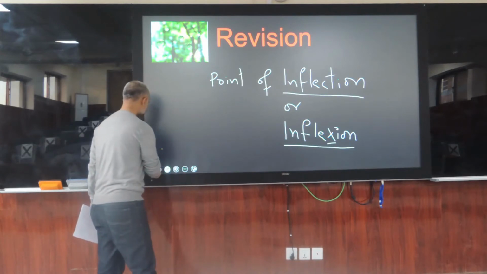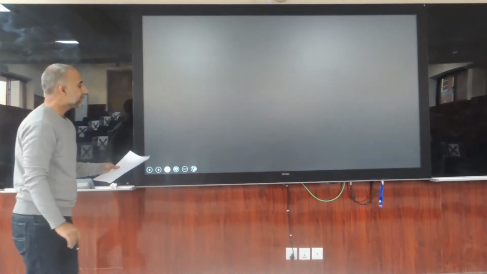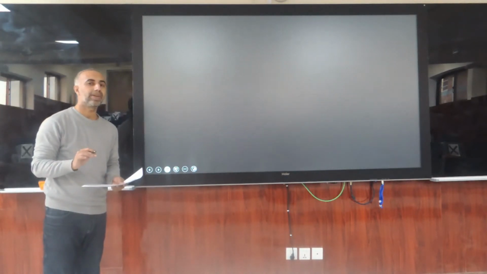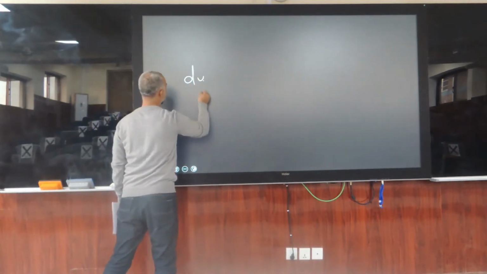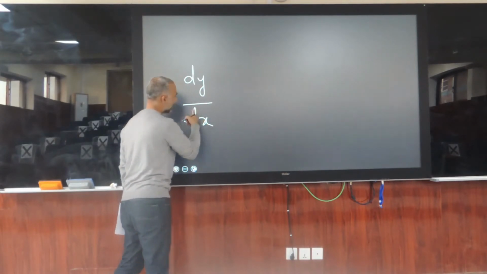The theme of this is very interesting. As we know, whenever anything is going to change, we say the derivative is there, that y is changing with respect to x.